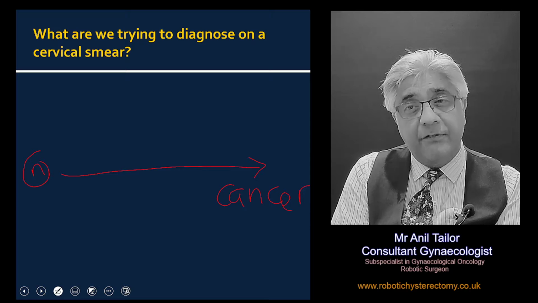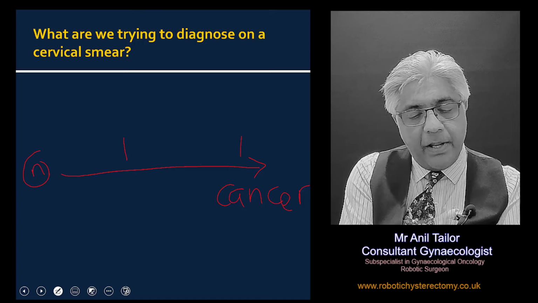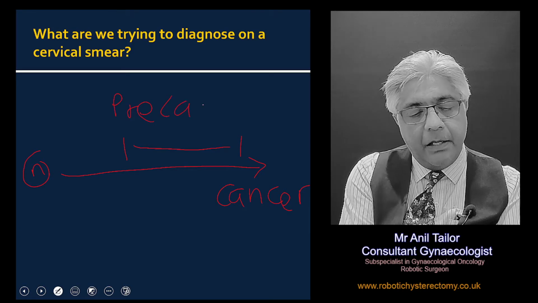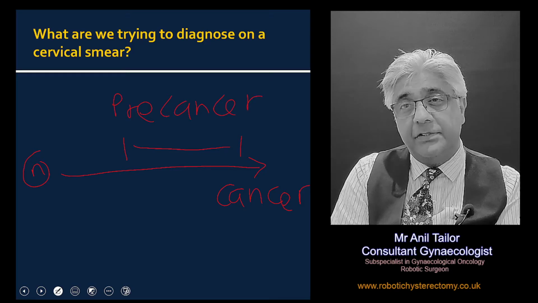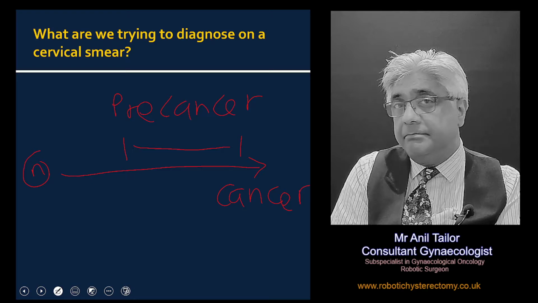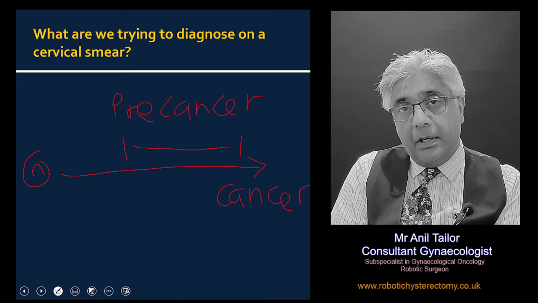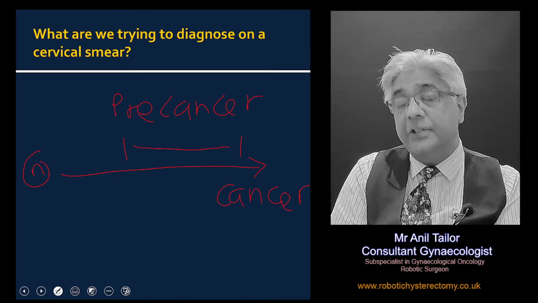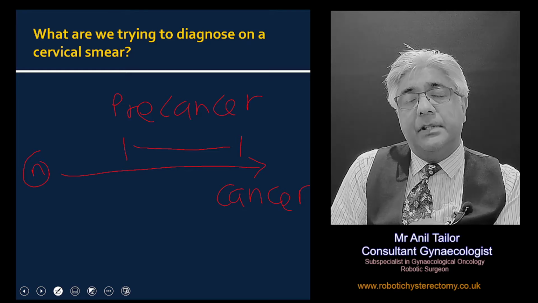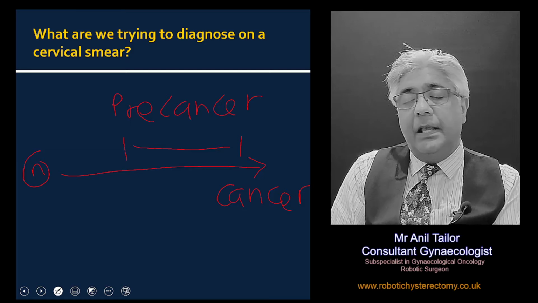Before they develop that cancer, they will go through a phase when it was a pre-cancer. That pre-cancer phase can be a fairly prolonged affair, anything from 5 to 15 years sometimes, for that pre-cancer to eventually develop into a cancer. And so that is the phase that the smear is trying to detect.